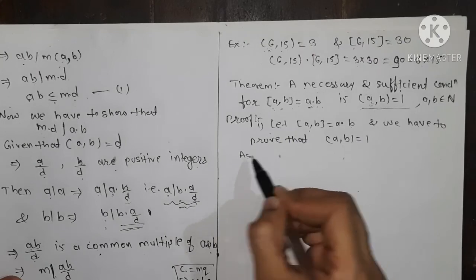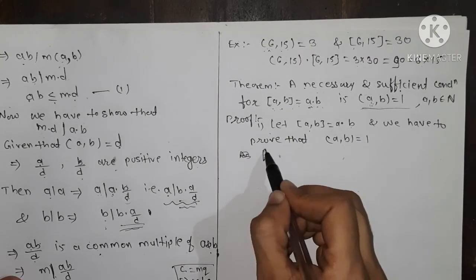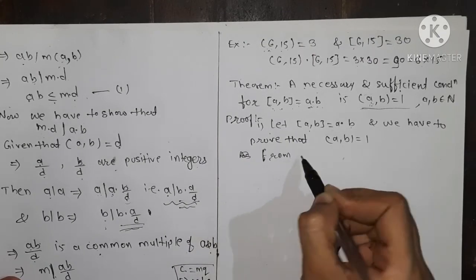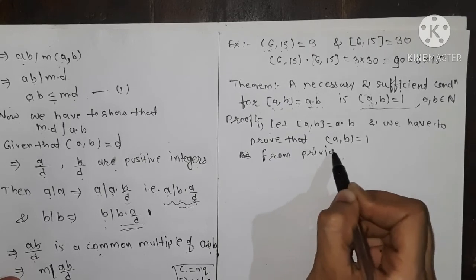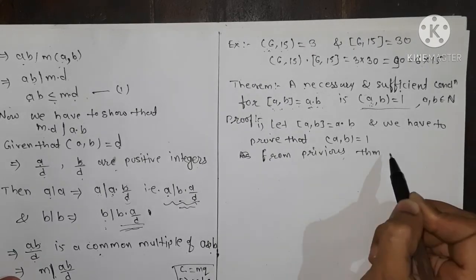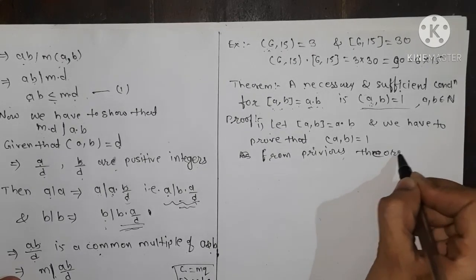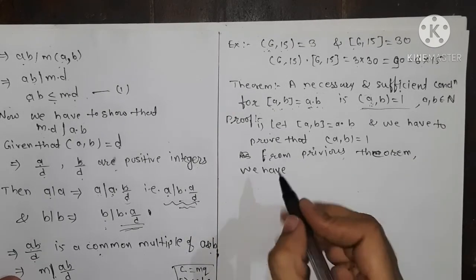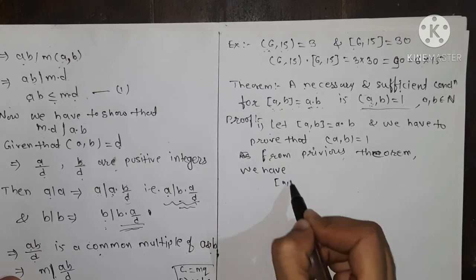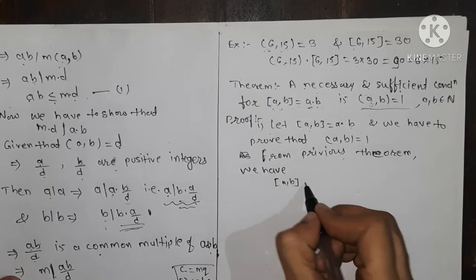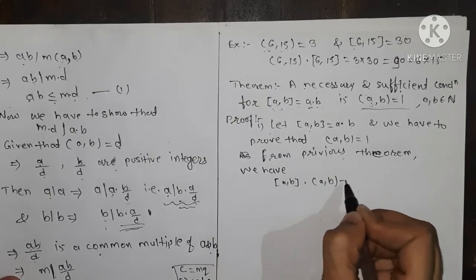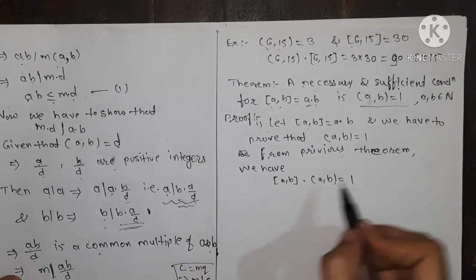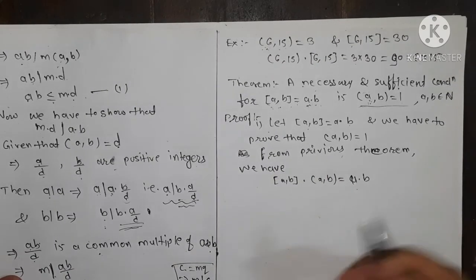As from the previous theorem, we have the LCM of a comma b into the GCD of a comma b is equal to a into b.